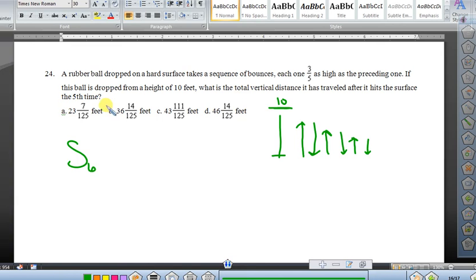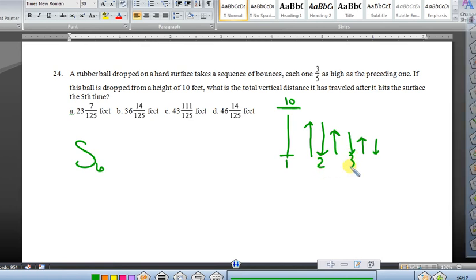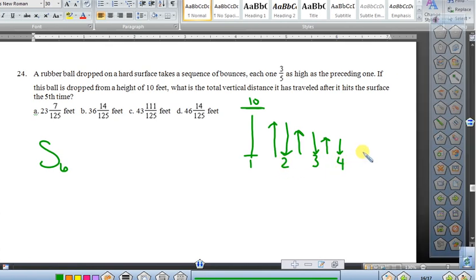Again, so you're wanting to do this, the height after the 5th time it hits the ground. So this is when it hits the ground the first time, 2nd time, 3rd time, 4th time. So we have one more time to go up and back down, the 5th time. And so if you look at all these, you have looking for the height after it goes up the 5th time.